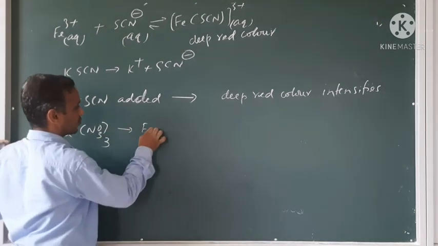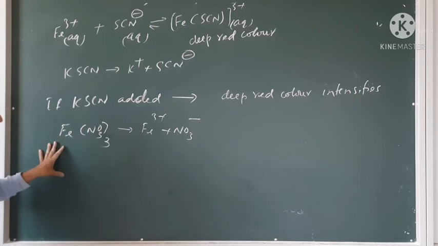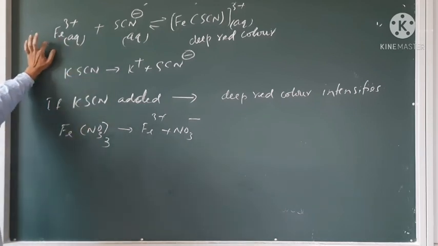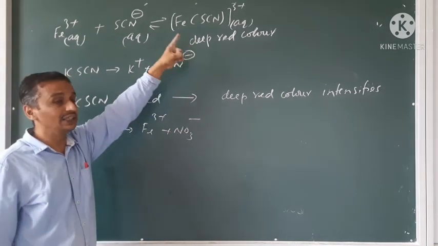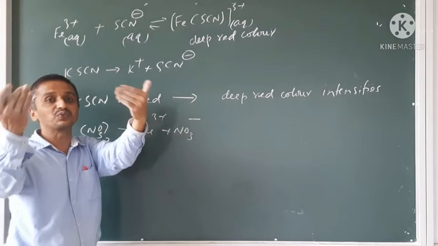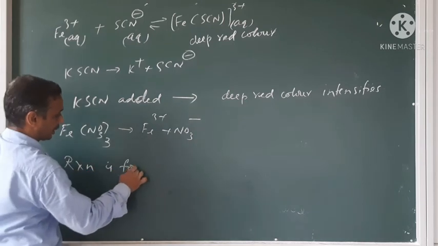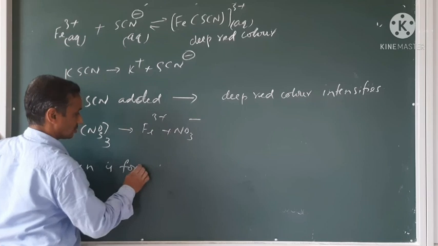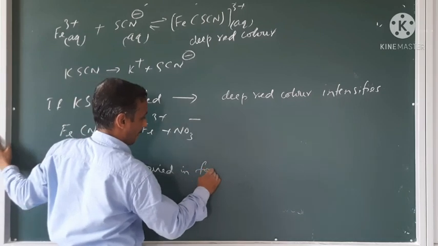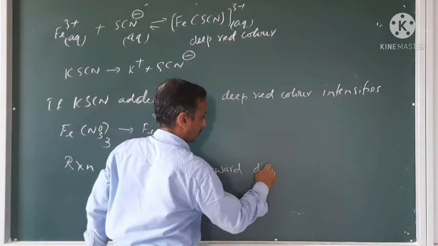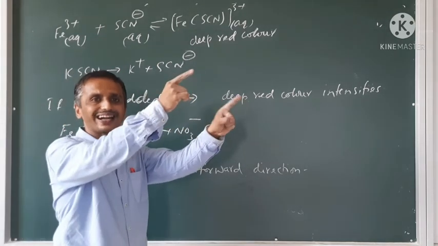This will give Fe3+ and NO3- ions. When ferric nitrate is added also, see, the ferric ion has increased, which means the forward reaction is favored and the deep red color gets intensified. The reaction is shifting towards the right side.